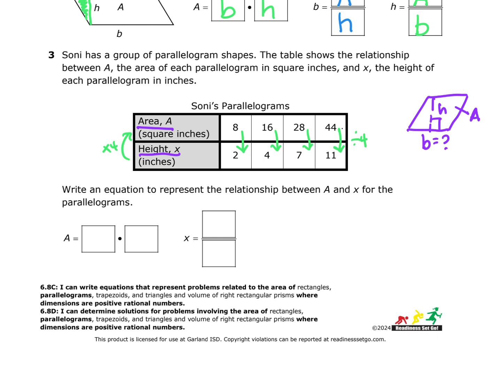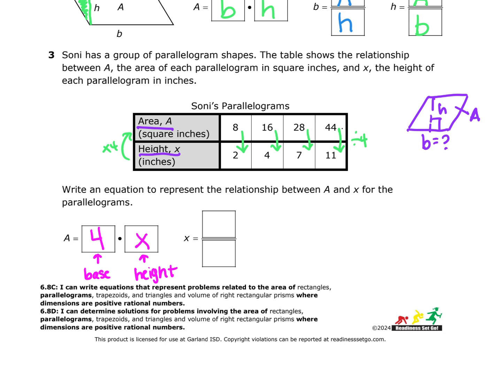It says write an equation to represent the relationship between A and x for the parallelogram. Remember it's going to be base times height. This is going to be my base and this is going to be my height, and we're trying to find the area. The one thing we are given is times 4. So it's 4 times x in this case, because x represents my height.